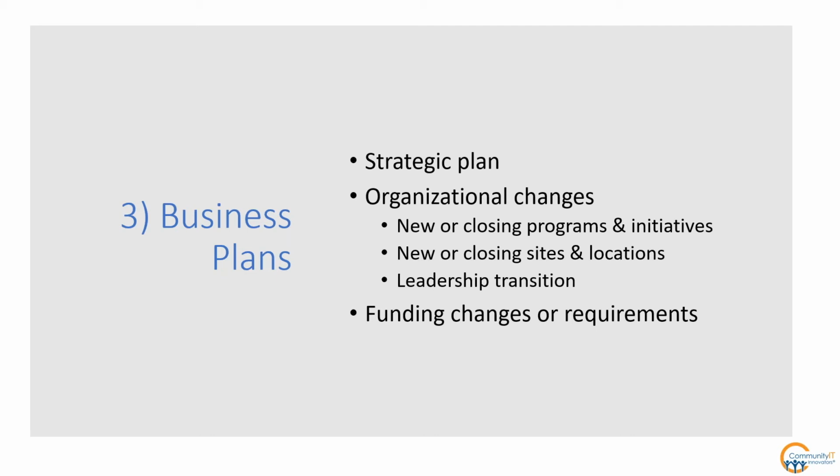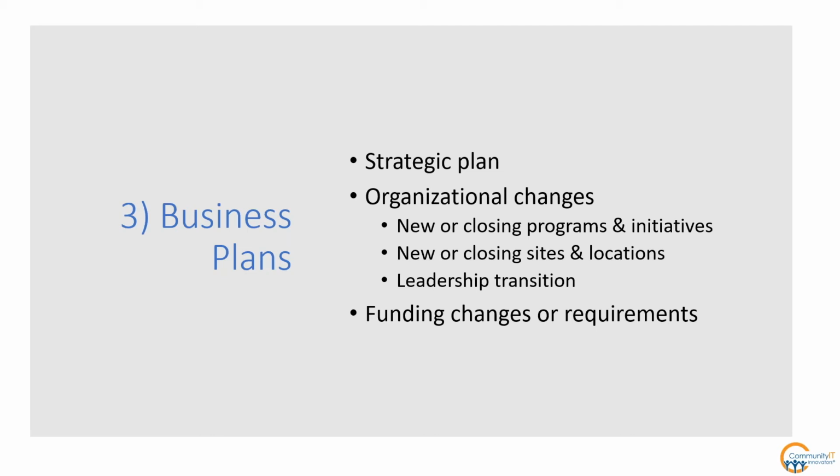Funding changes or requirements. If the organization is going to be going after federal grants, for example, federal grants have specific security and compliance requirements that the organization may not have dealt with in the past. A big one that people often think about is HIPAA, which is for health information.